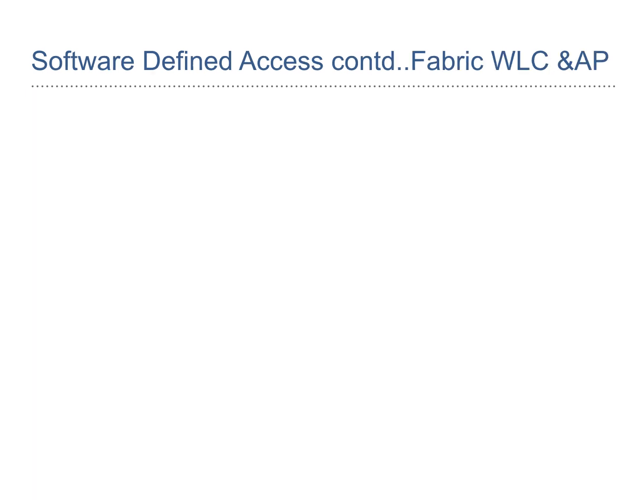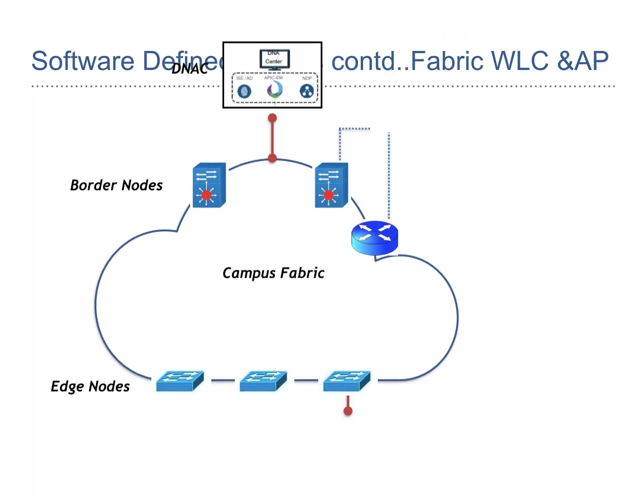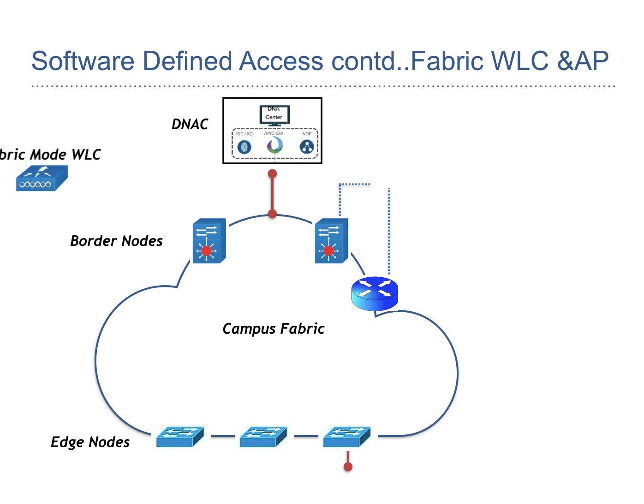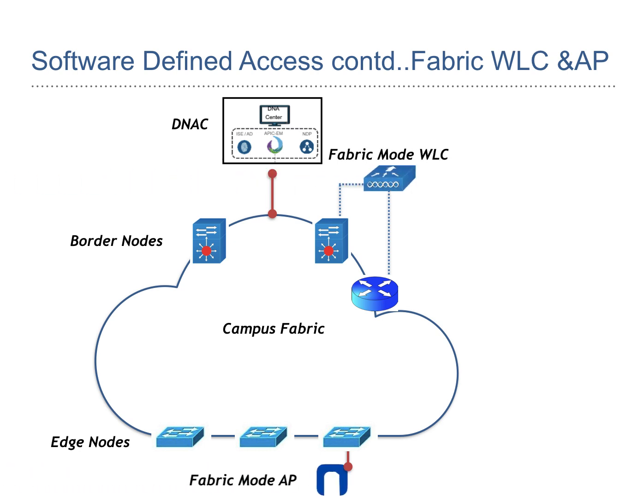So next on the chart is Fabric WLCs and APs. Fabric WLCs and APs are purely for your wireless clients. As I said, software defined access Fabric WLC.